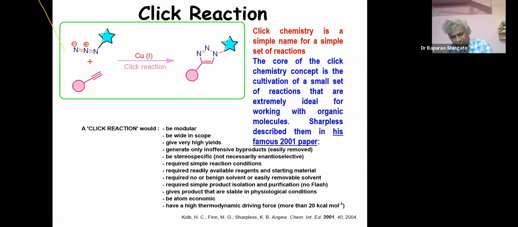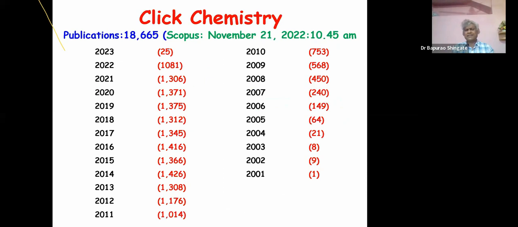Okay. See, why have Professor Bapurao, Sharpless and Meldal received the Nobel Prize? See the history, the number of publications year-wise. The first publication came in the year 2001, and in only 20 years of this click chemistry approach, in the year 2010, the number of publications was 753.